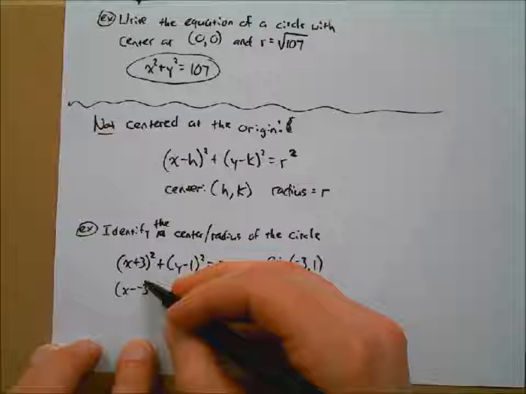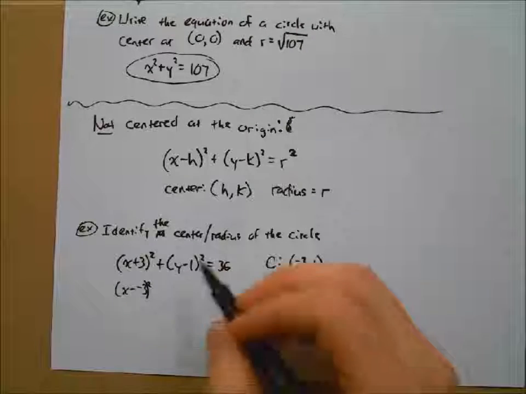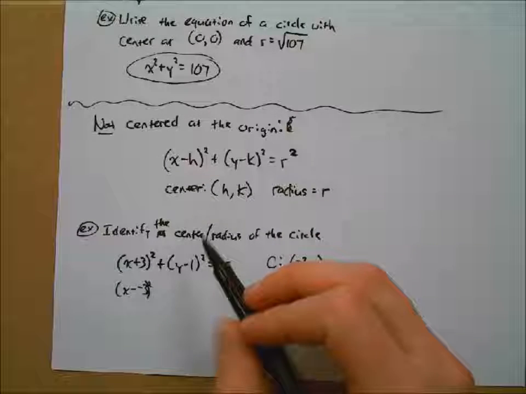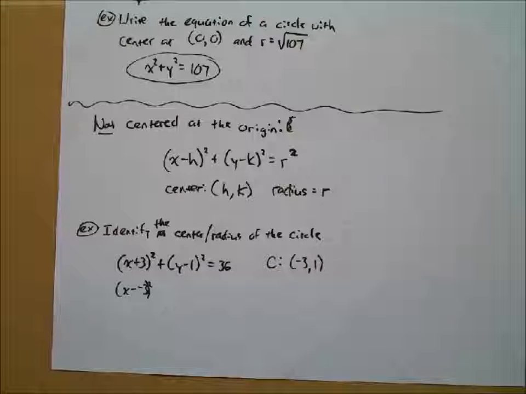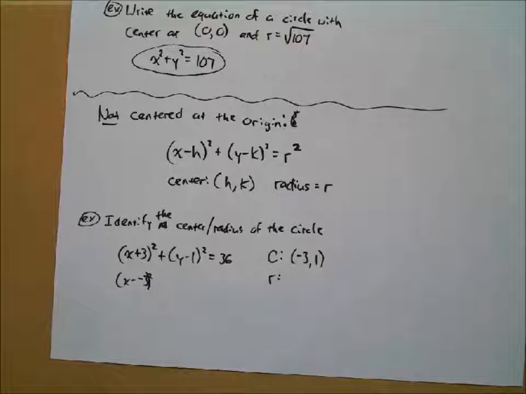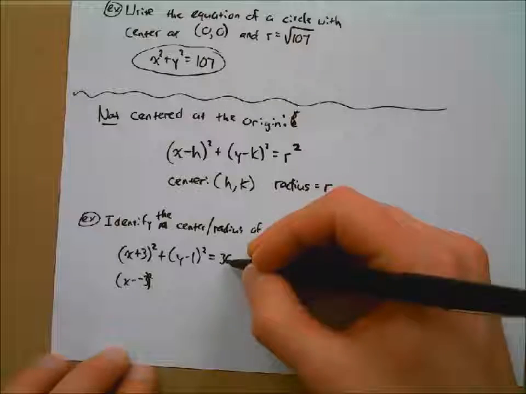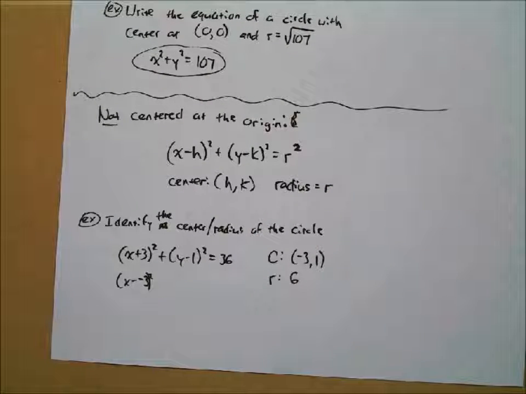So -3 is really our x-coordinate there. And then we do have minus k, and our minus is -1, so 1 is the center y-coordinate. Steve, what's the radius there? 6. Radius is 6. Okay, again, r squared is 36, so r would just be 6 there.